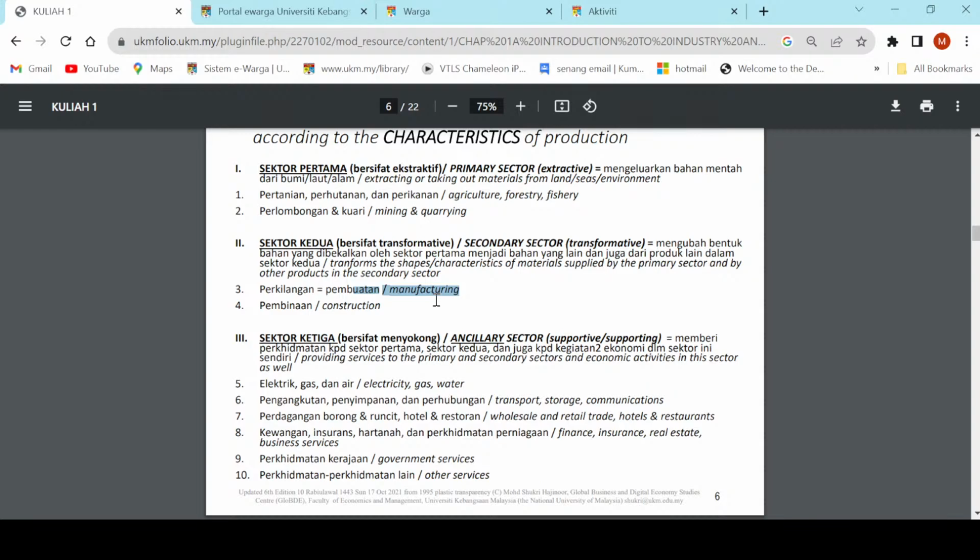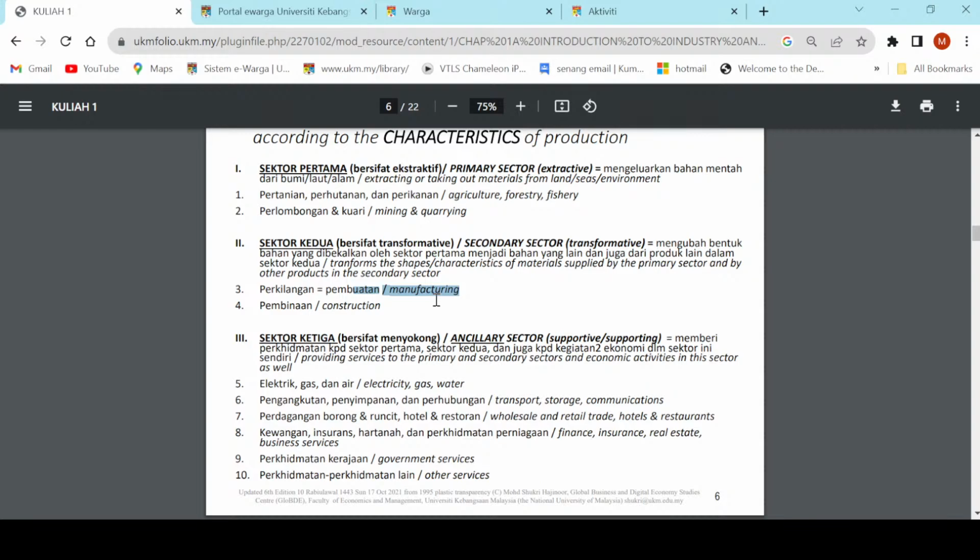So supplied by the primary sector and the second part here, which I will explain using our faculty building, and the second part, and by other products in the secondary sector also.